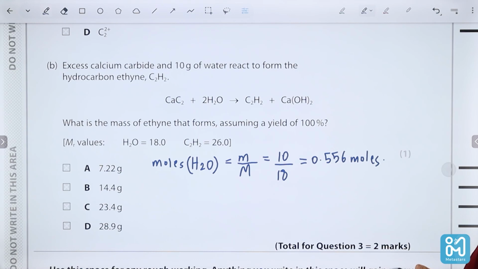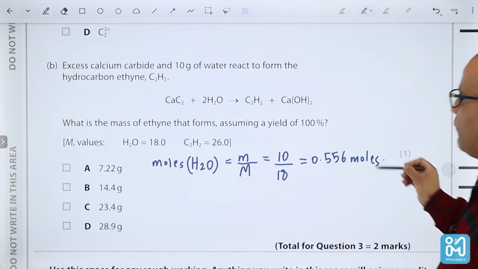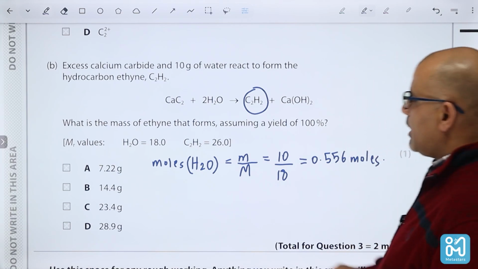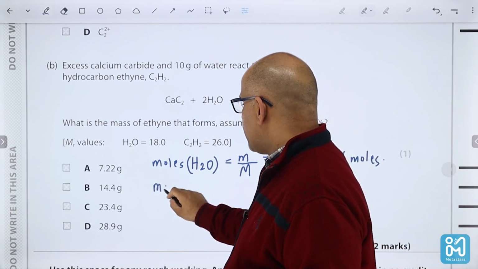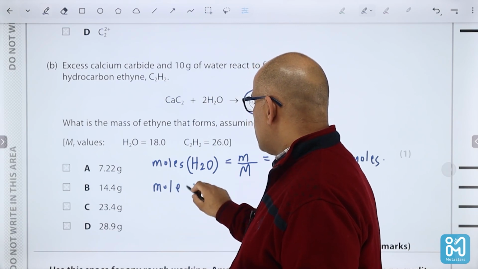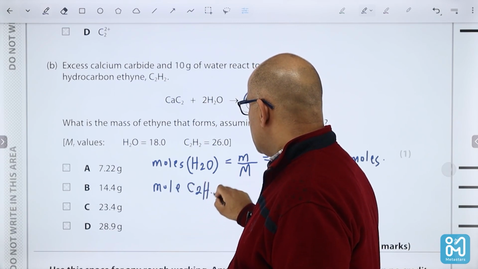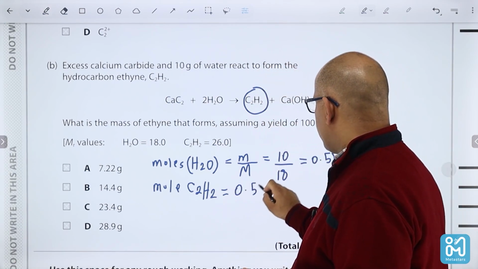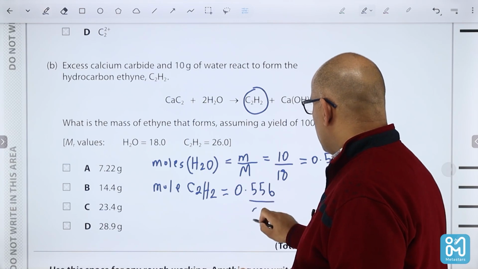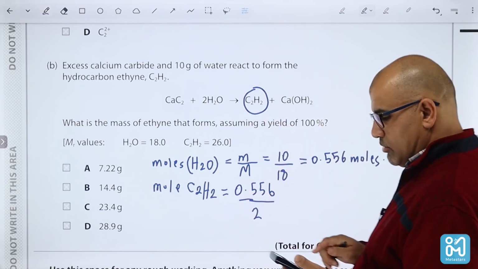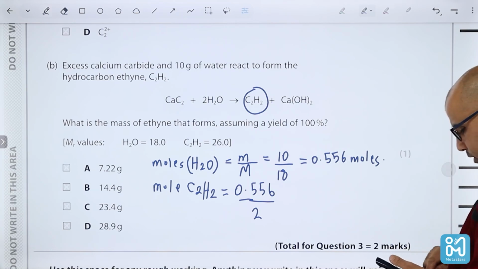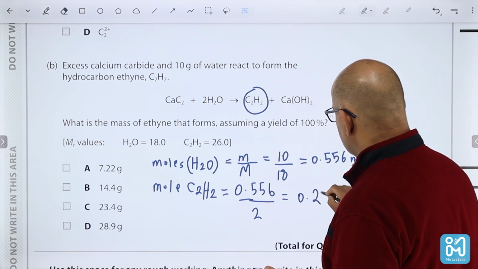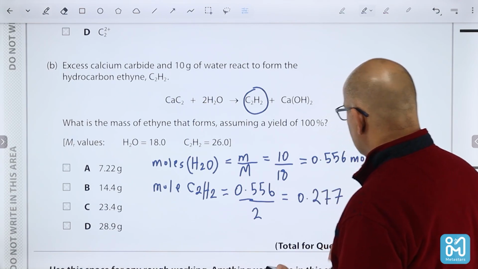Then it asks what the mass of ethine is. Ethine is one of the products, so you find that by using the molar ratio in the equation. Moles of ethine, C2H2, equals 0.556 over 2, since the ratio is 2 to 1, which equals 0.277 moles.